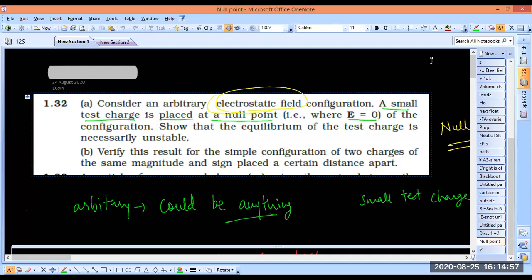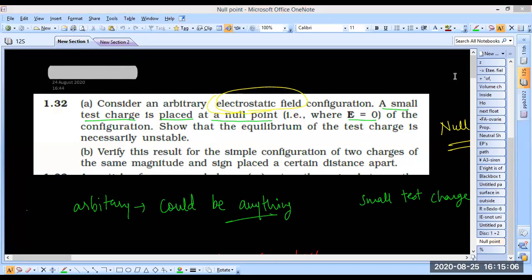Okay. Anything else? Does a null point always need to be unstable? For electrostatic field it is true, right?